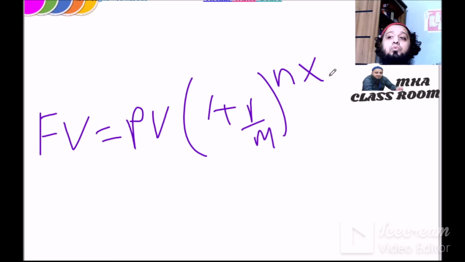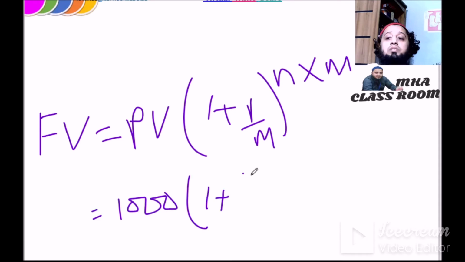So, here we have 1000 times (1 plus our interest rate 0.10 divided by 4) power 10 into 4.